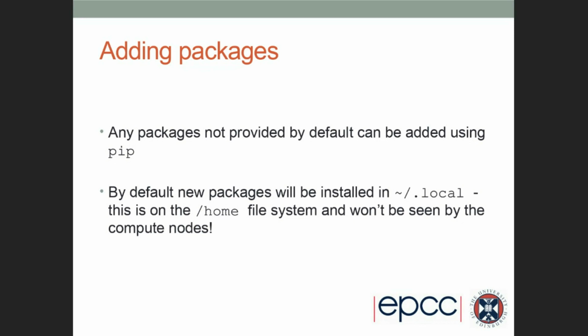ARCHER2 has two file systems, home and work. Home and work can both be seen from the login nodes, but only work can be seen from the compute nodes. So if your submission script contains any reference to files that are located on the home file system, then they won't work properly on the compute nodes.